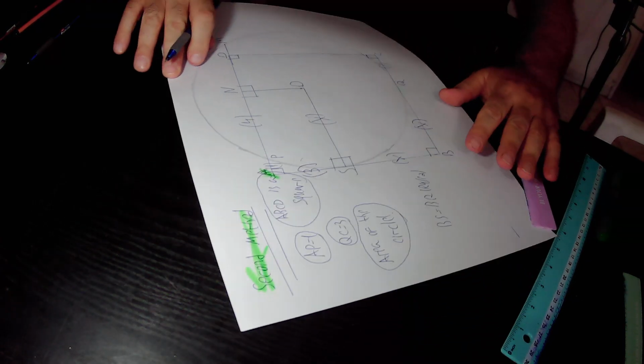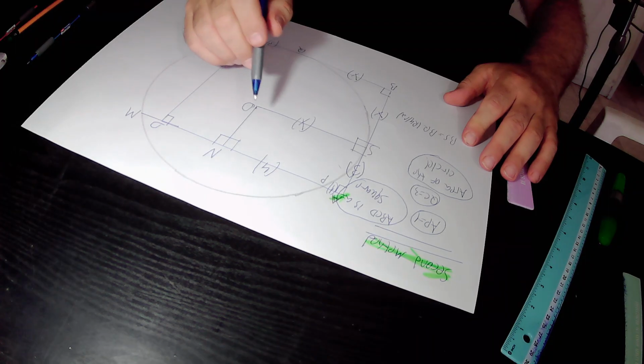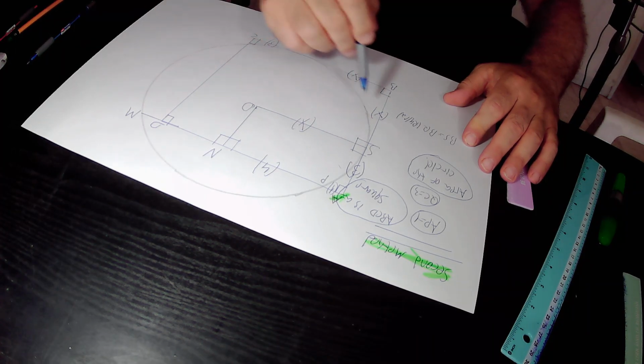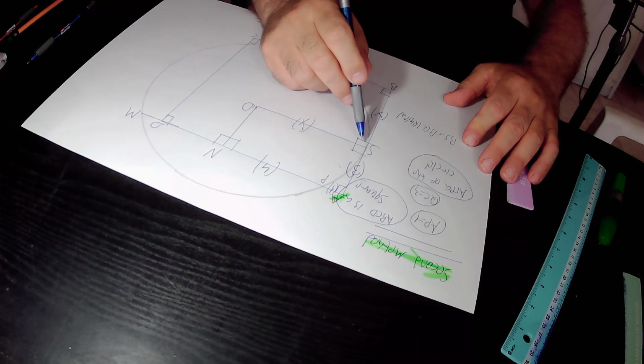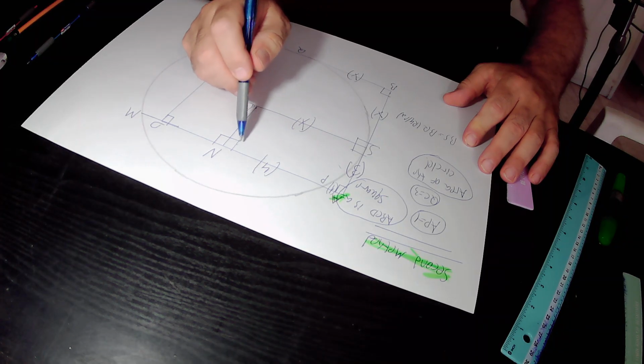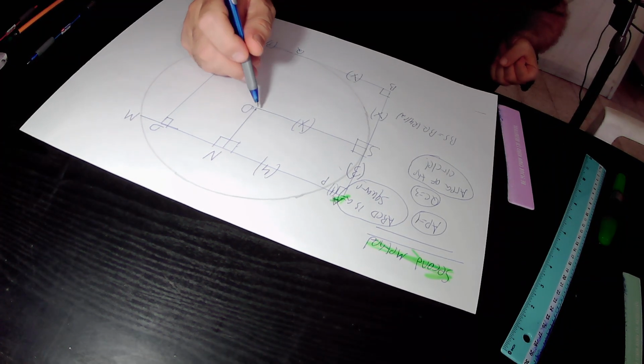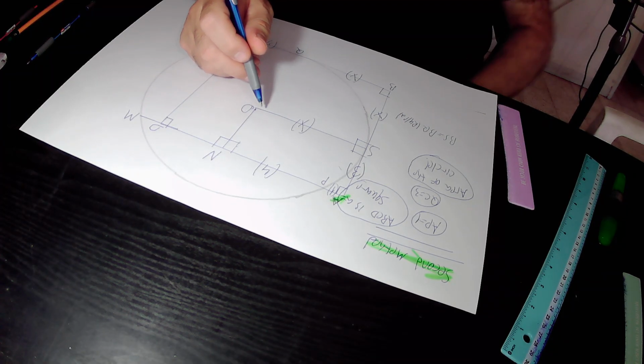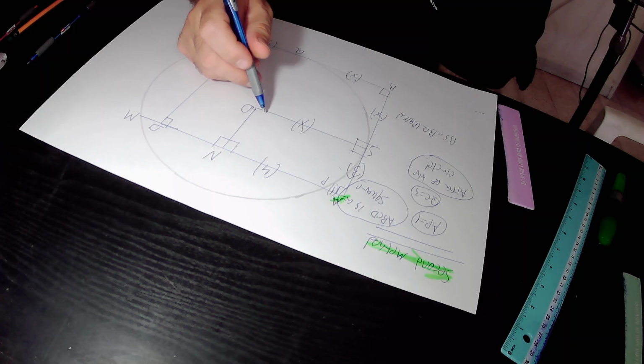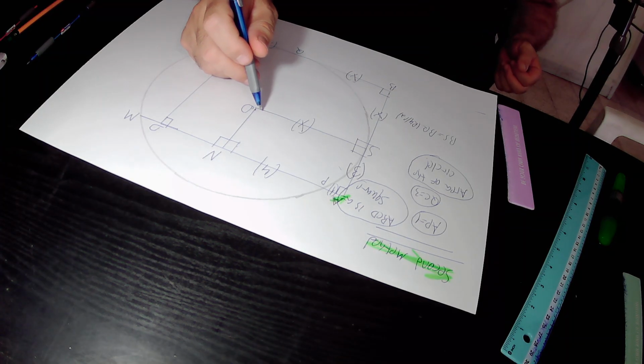So inside the quadrilateral ANOS, we have 1, 2, 3 right angles. The sum of 3 right angles is 270 degrees, so 270 degrees plus the size of this fourth missing angle must equal 360 degrees according to the rule that the sum of the angles in any quadrilateral is 360 degrees.